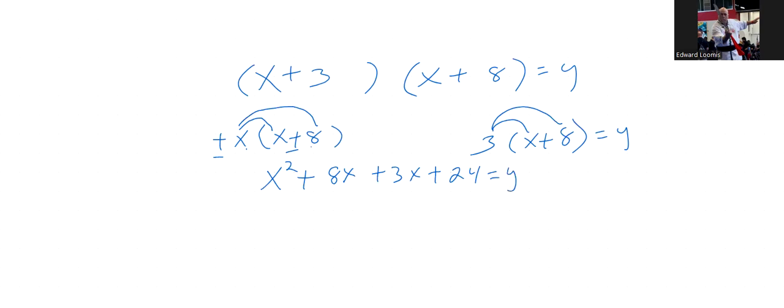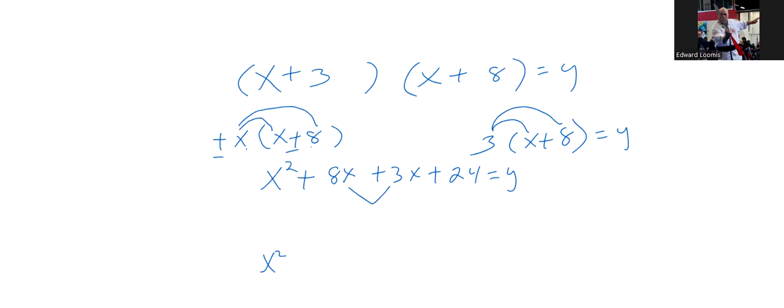Now, at this point, all I need to do is combine like terms. I'm going to have no like terms for my x squared. I'm just going to bring it straight down, x squared. My middle two terms, my 8x and my 3x, I can combine those.